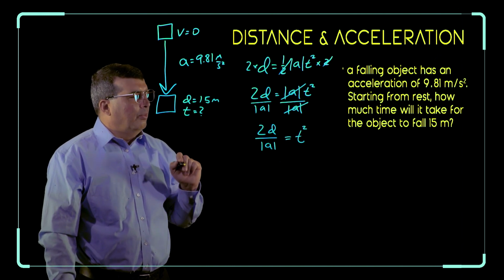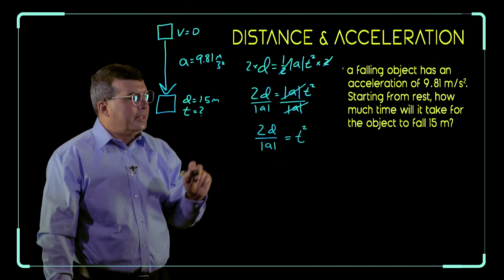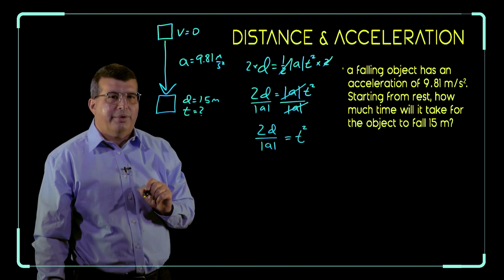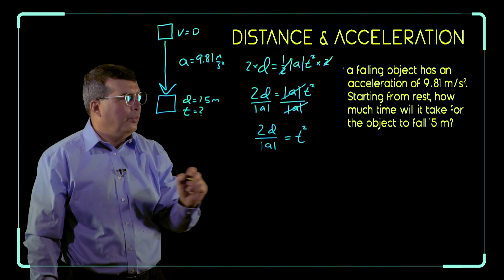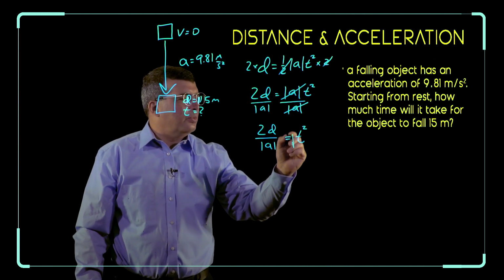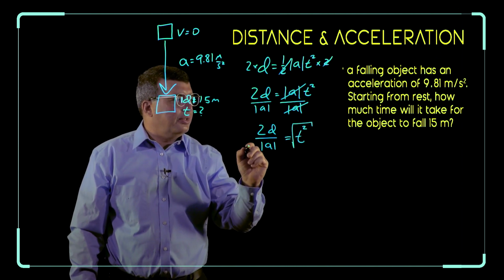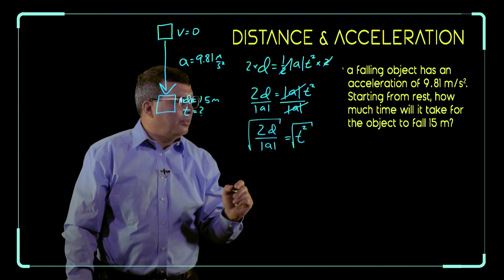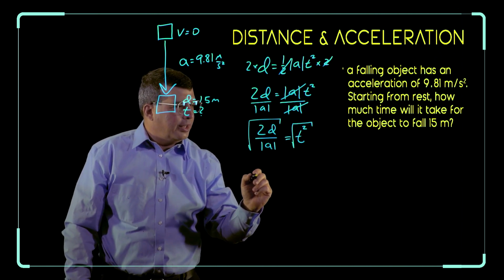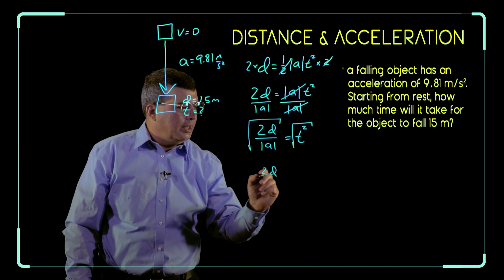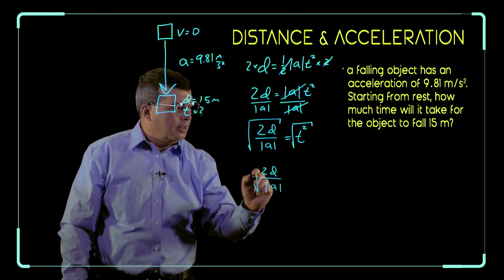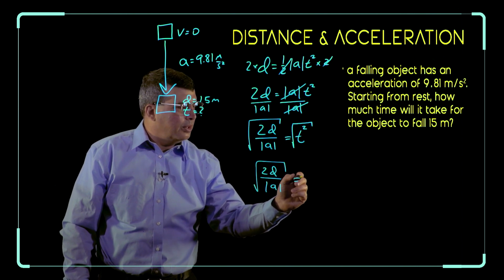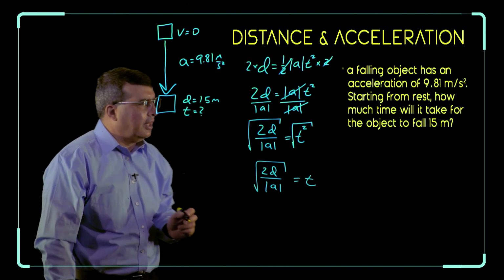So what I do now is I have to undo the square. And to undo a square, I take the square root. So I'm going to take the square root of time and the square root of this right here. That gives me the square root of 2d over the acceleration is equal to my time.